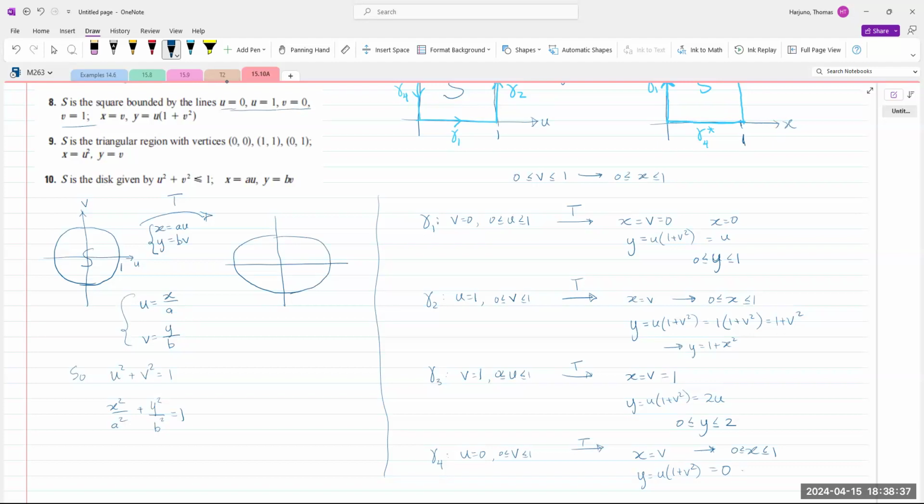Okay, with x vertices negative a and a comma 0, and y vertices at 0 comma b and 0 comma negative b. This is the image. Okay, again, to compute the Jacobian is something easy.